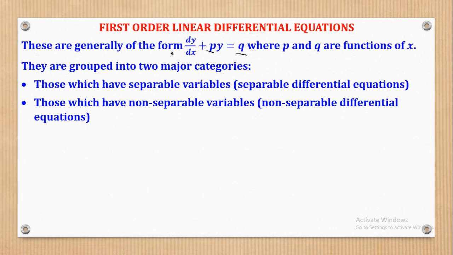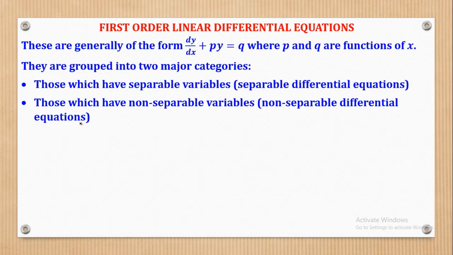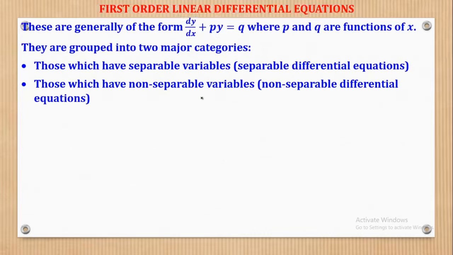So these first order differential equations are grouped into 2 major categories. The first one is those with separable variables, and they are called separable differential equations. Then the other part is non-separable variables, and they are called non-separable differential equations. So both these parts will be looked at in this video.